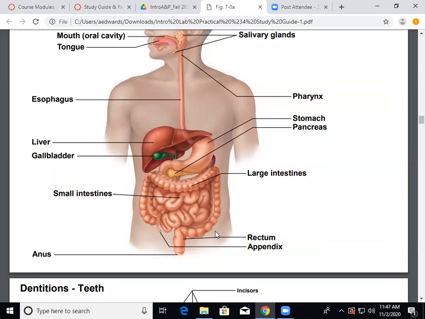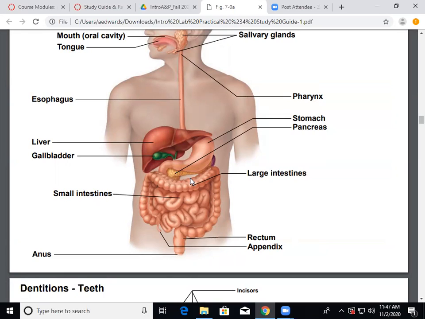Now you have this little accessory structure called the appendix. Most of the time it doesn't really do too much, except if it gets inflamed, like if it gets feces caught in it, it can cause problems. You also have the pancreas. The pancreas is a digestive organ because it secretes digestive enzymes.